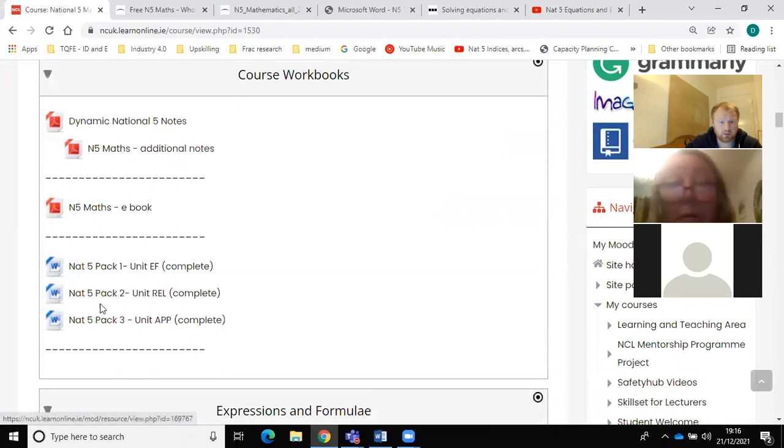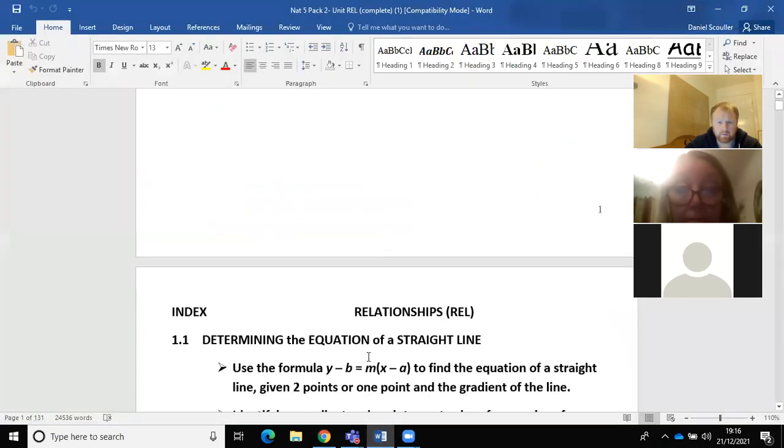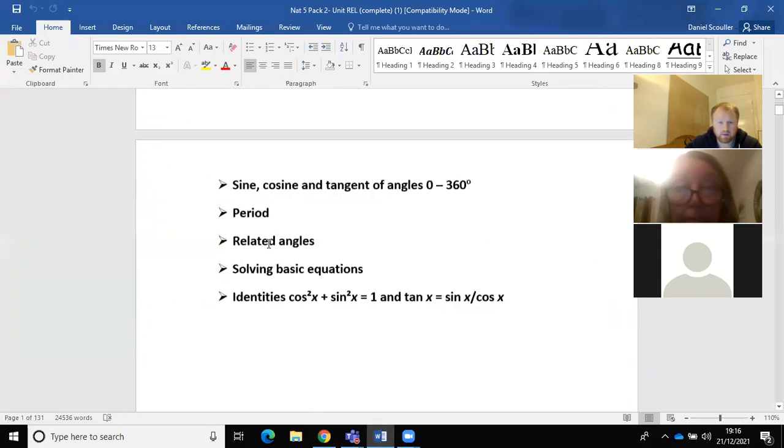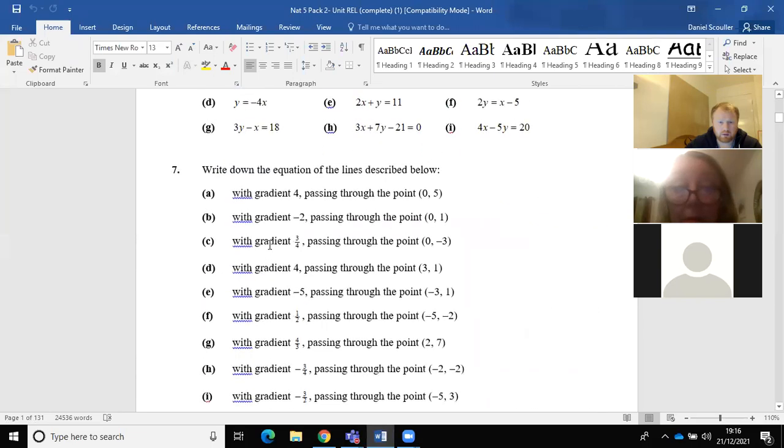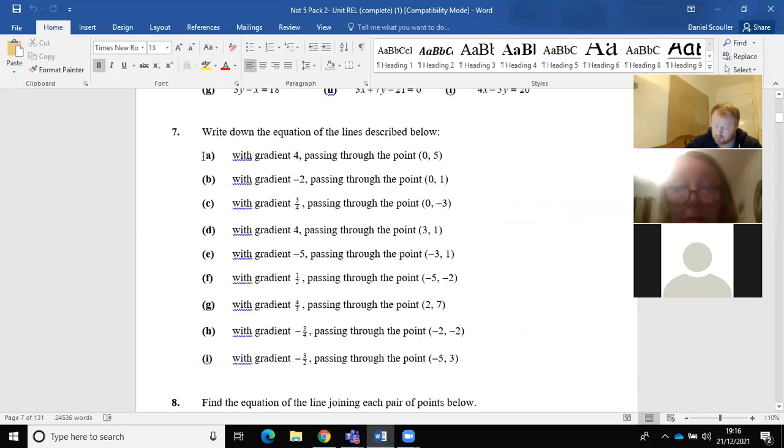So this pack here, National 5, pack 2, unit relationships. You're clicking on that in the booklet. It's question 7. Ignore C at this moment in time. A, B, D, and E. You're given the gradient and then 1 coordinate.